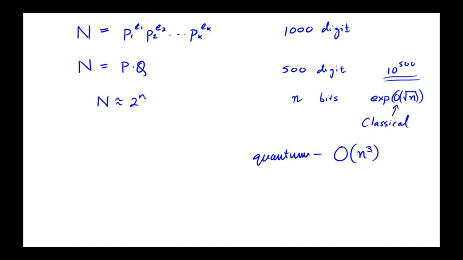The exponent might be squared, or using certain tricks we can improve it even further. But the most important thing here is that it goes from exponential time to polynomial time.